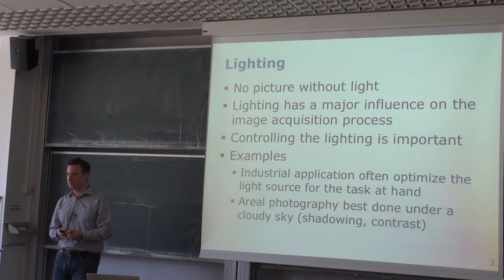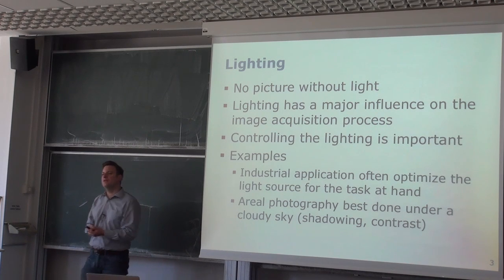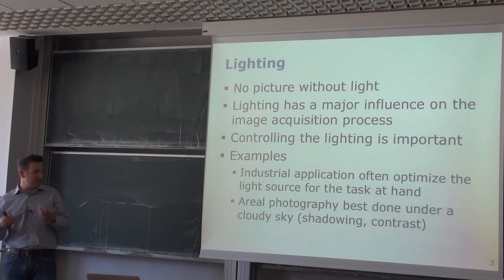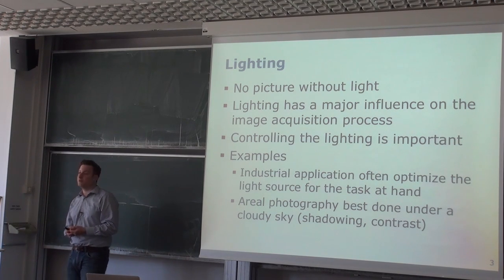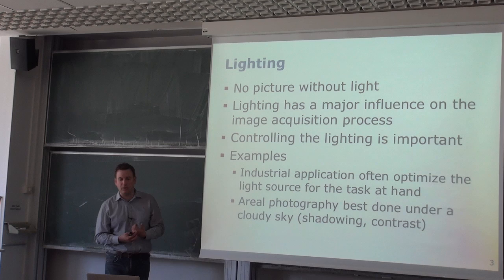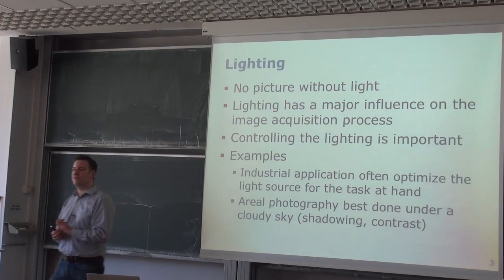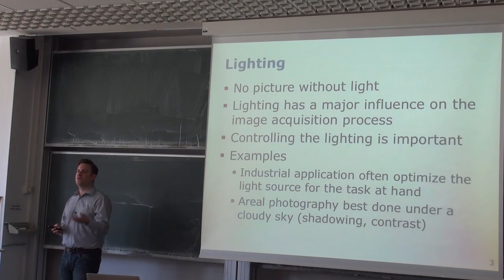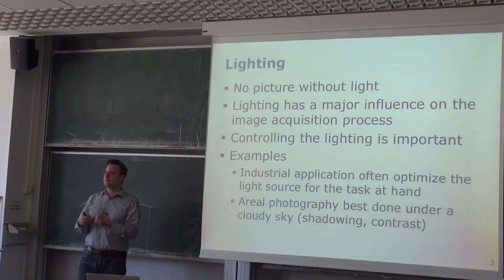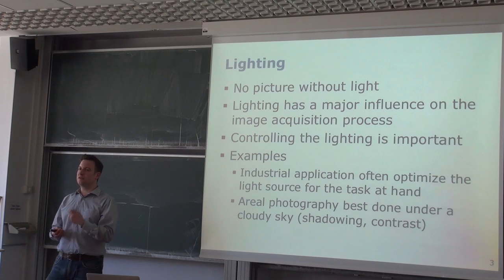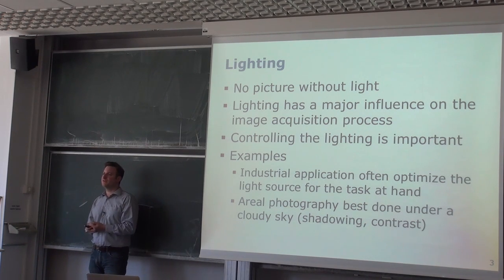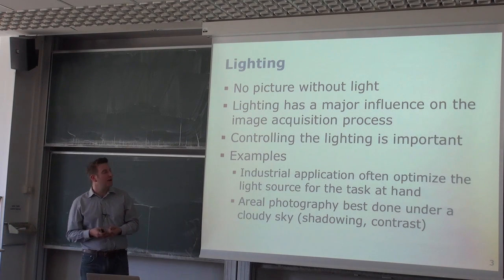If we can control the light, this can substantially simplify the image interpretation processes that we do. One example is quality control in an industrial setting. That means we have a camera over a conveyor belt where certain products are inspected. If we control the light sources and guarantee that we always have the same lighting conditions, this simplifies the process.